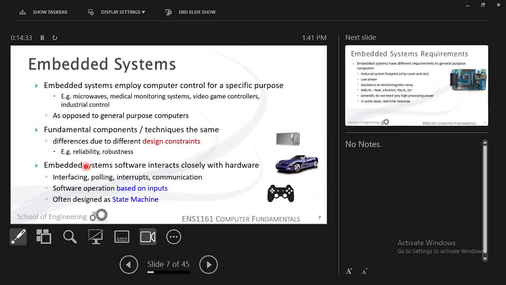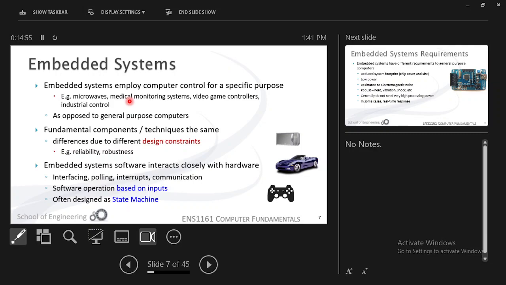Now, if we take this embedded system context, we have a number of examples in here. Microwaves, medical monitoring systems, video game controllers, industry controllers, and many other things. So, a large variety of devices we can find.